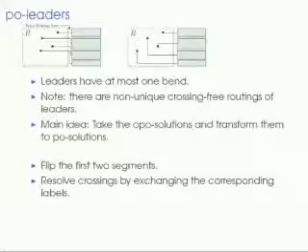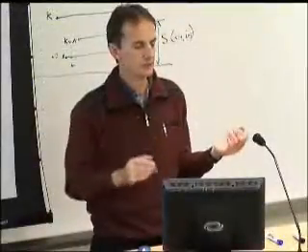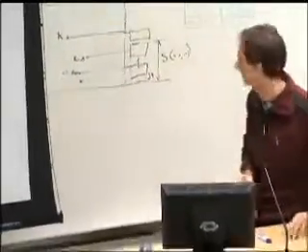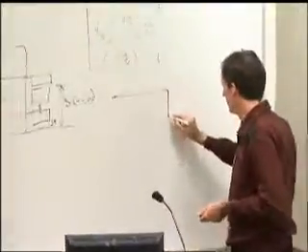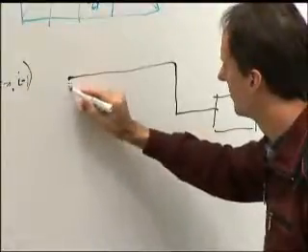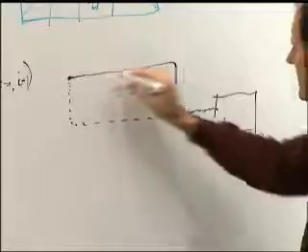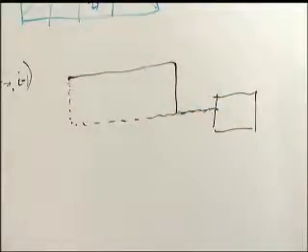Namely, what you do is just take the OPO solution and you flip the first two segments. Okay? If you have an OPO, looks like this, then you flip these two segments to here, and that saves one bend and gives a PO leader.